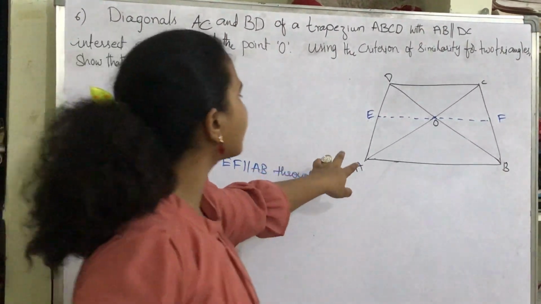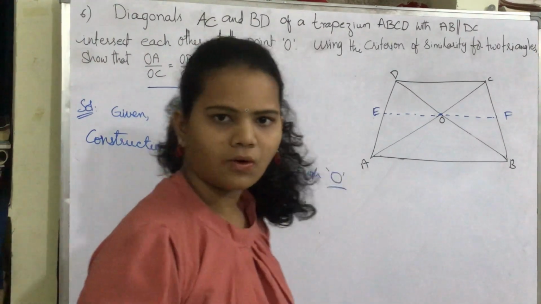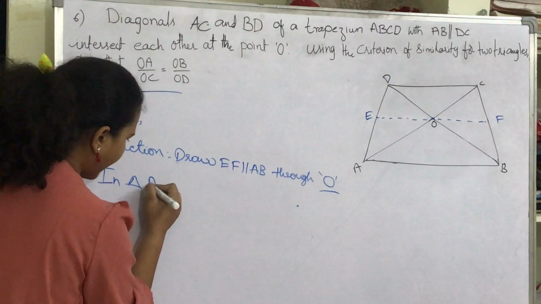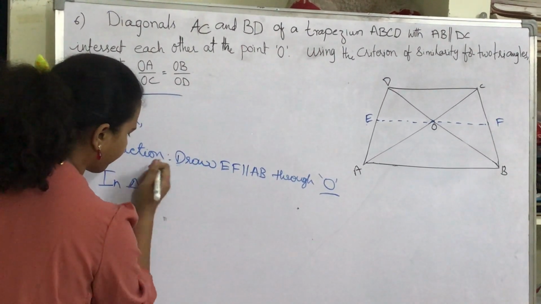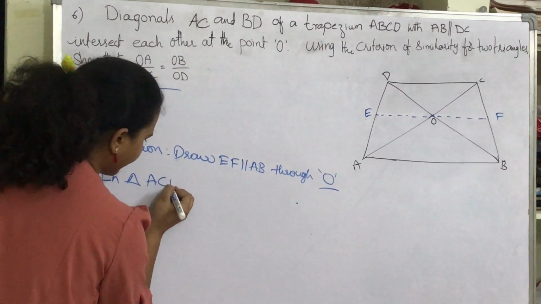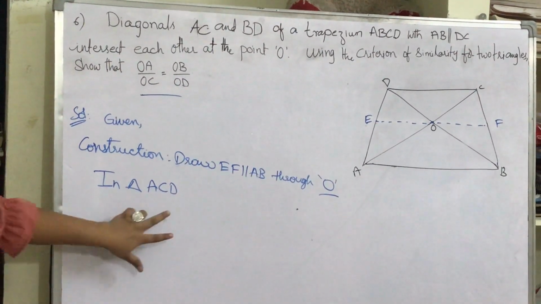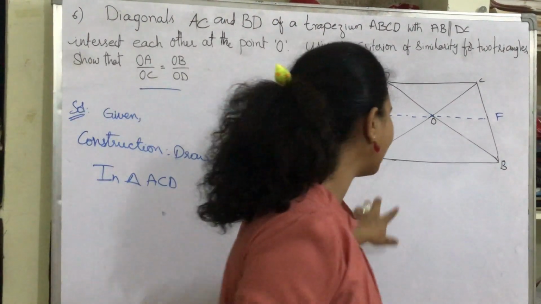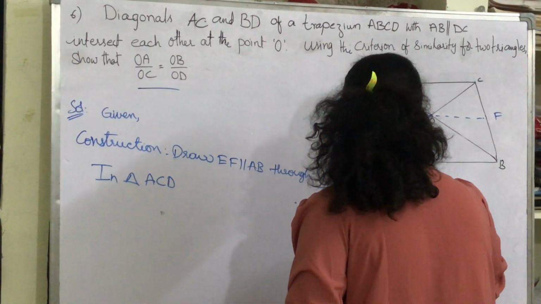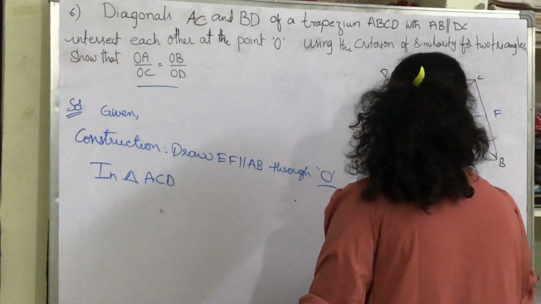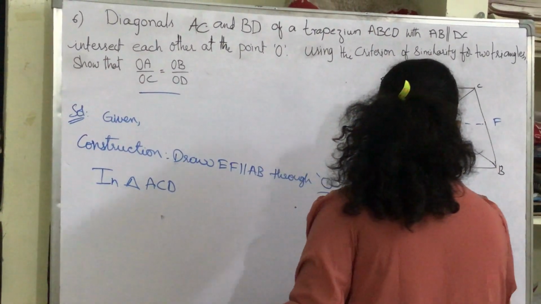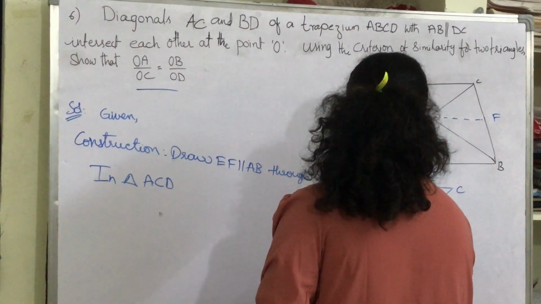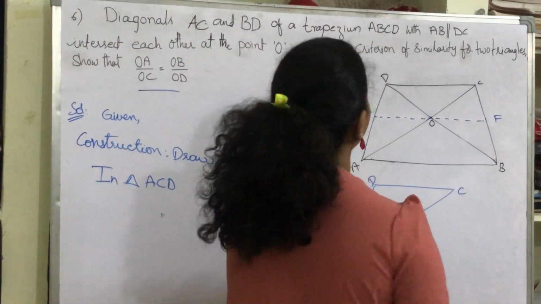Now just consider triangle ADC, or ACD. Let me draw this triangle separately over here, where A is over here, C over here, and D over here, where EO is parallel to CD.